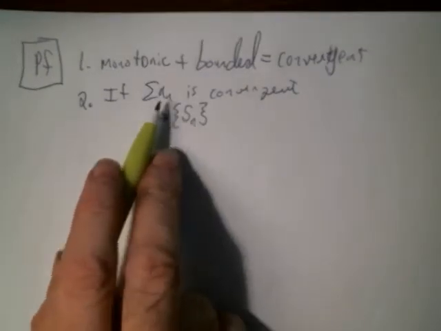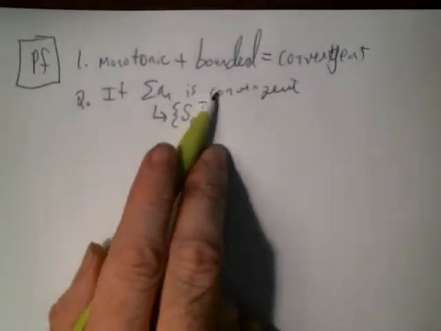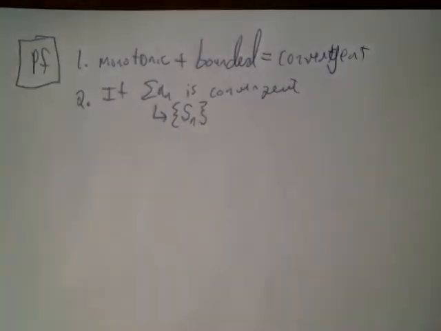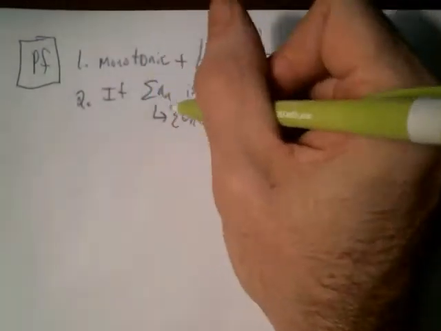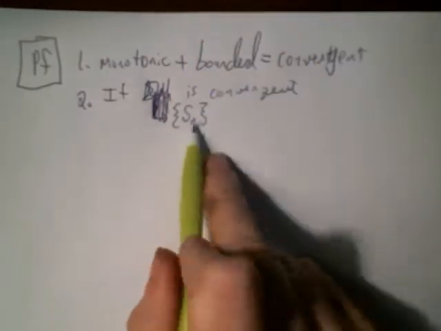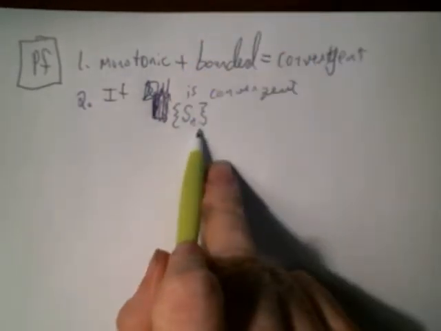Okay? So when we talk about this thing being convergent, we're talking about a sequence converging. Yeah, that's still kind of the issue. But in particular, if a sequence is convergent, so let me just replace this thing with this S sub n sequence.